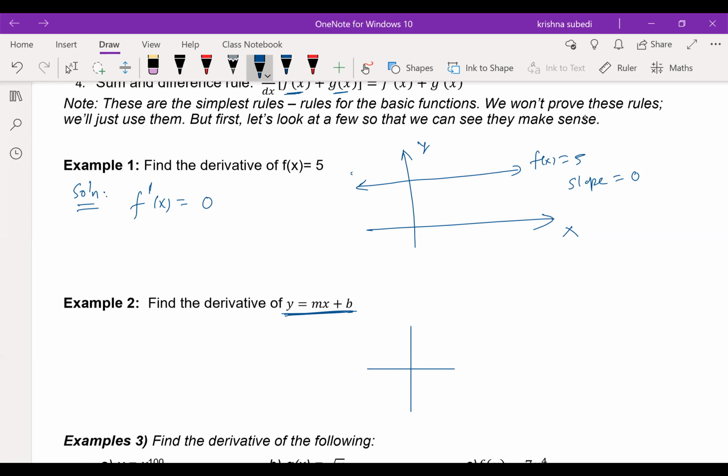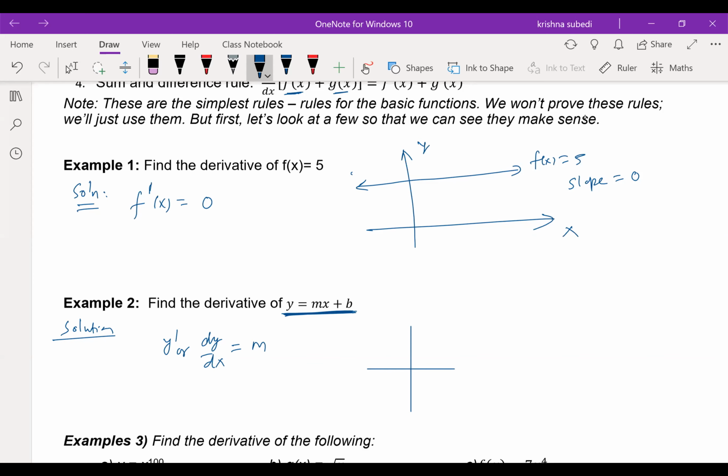So the slope of the tangent line is y prime, or dy over dx, which must be m, because the slope of this linear equation is m, therefore the derivative must be m.